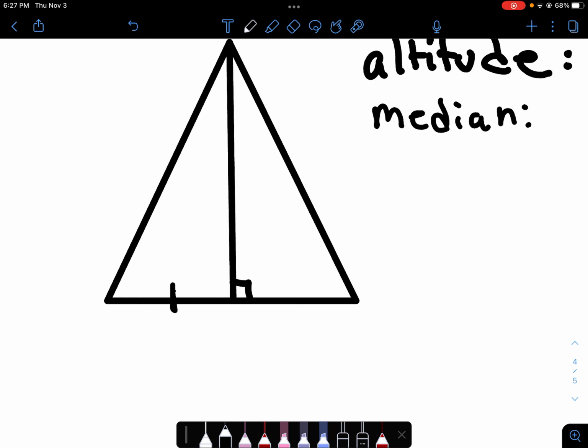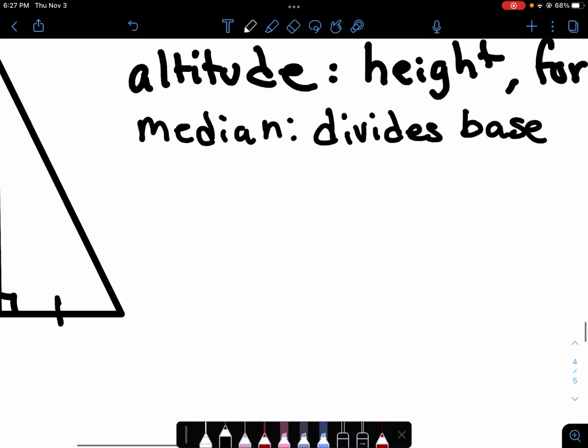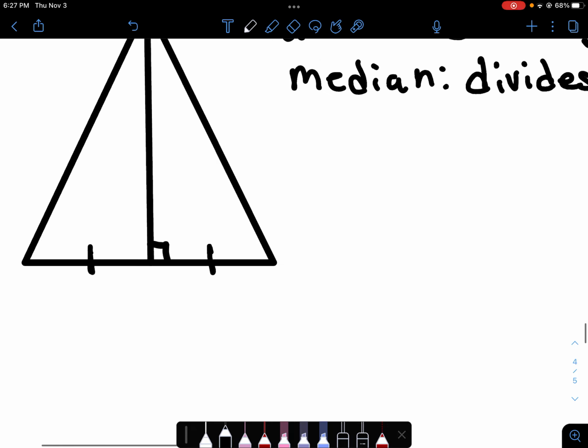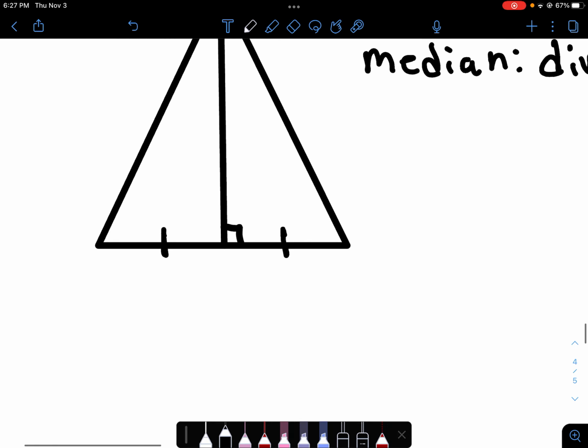It divides this base into two. So that is two even parts. They are equal to each other.